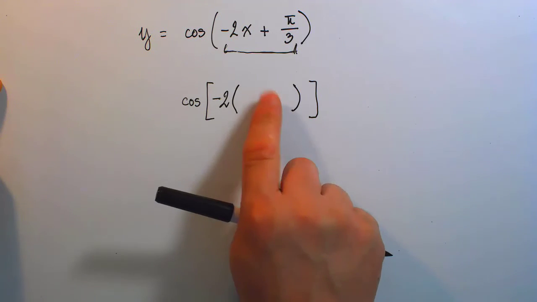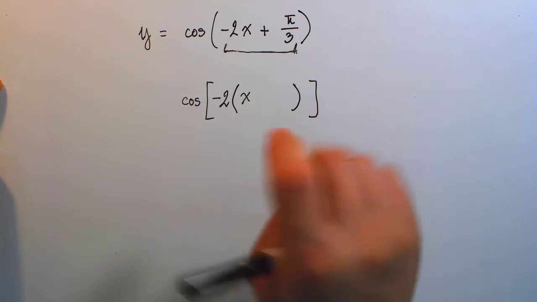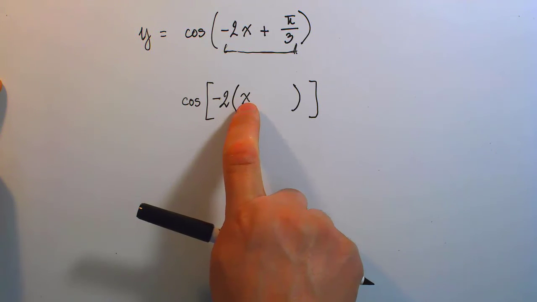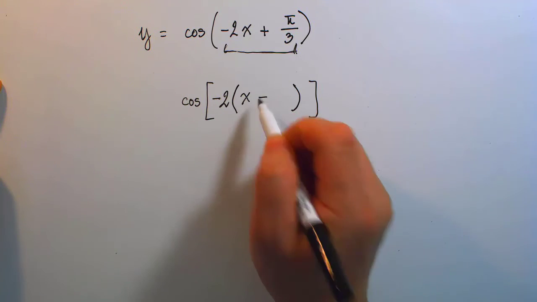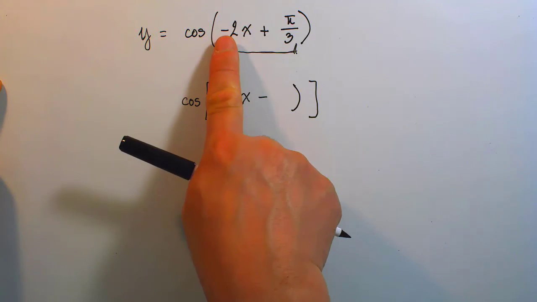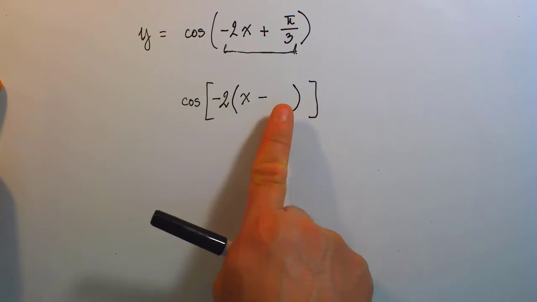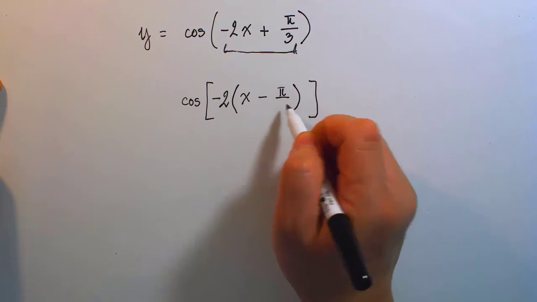The first term inside is simply x. Once we pull out the negative sign, x becomes a positive term inside the parentheses, and the second term becomes minus. It's just elementary algebra: when we factor out a negative common factor, all the signs of the remaining terms inside the parentheses switch. And so the next term now becomes pi over 6.